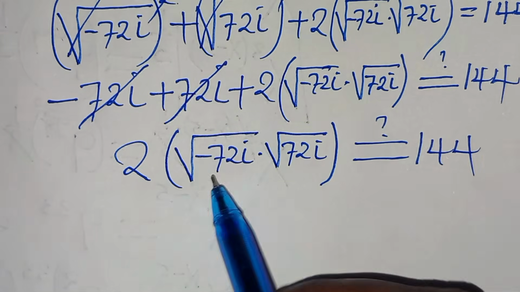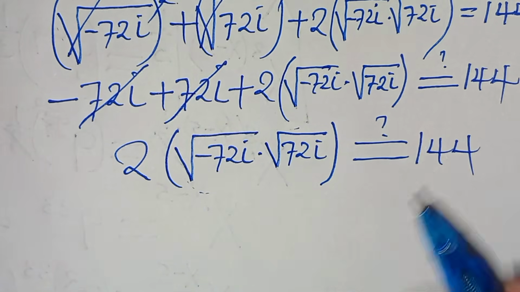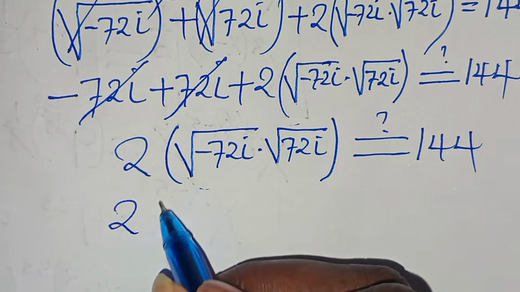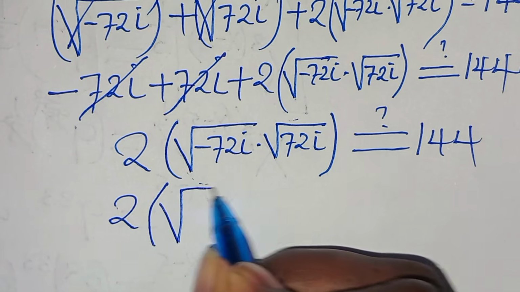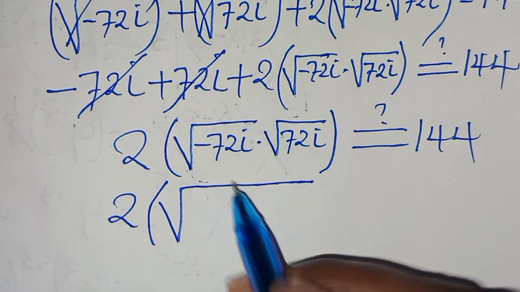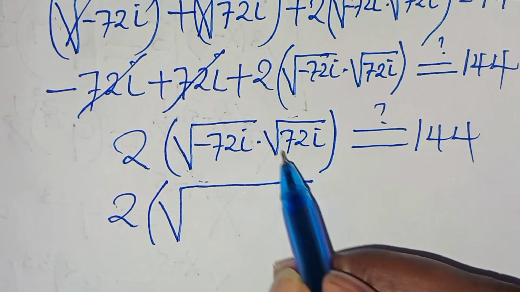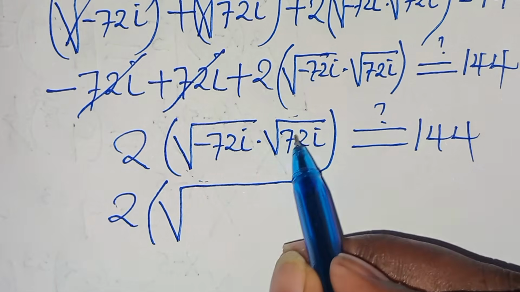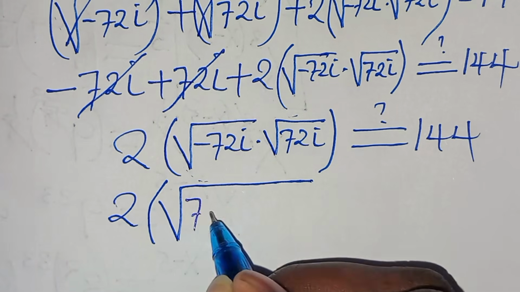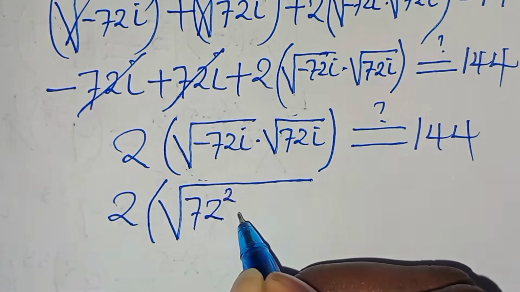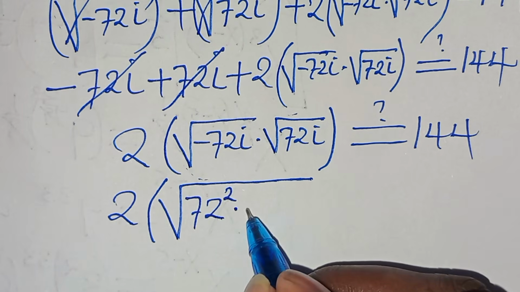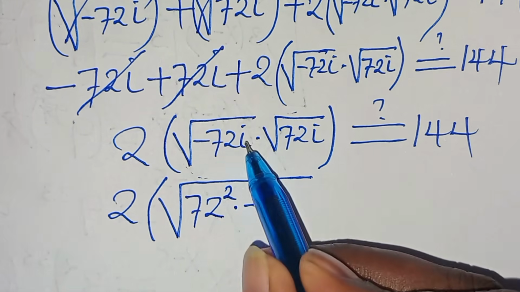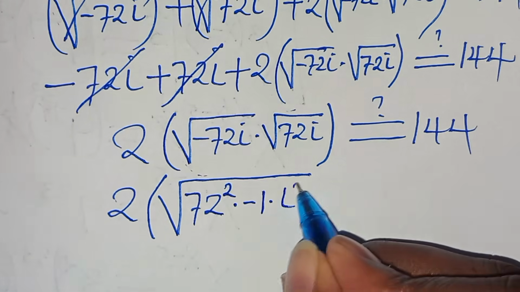Now, we can combine this square root here, so that we have 2 times a single square root of minus 72i times 72i. This means that we have 72 raised to the power of 2 times minus 1 multiplied by i times i, which is i squared.